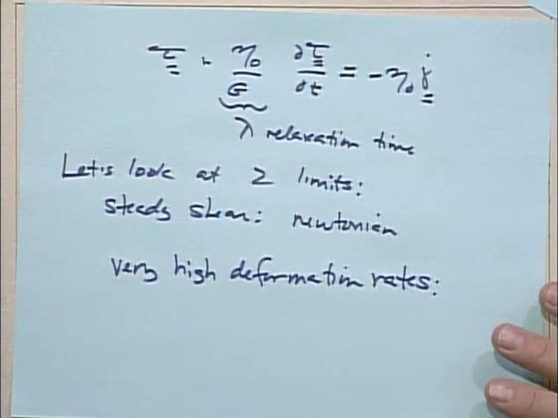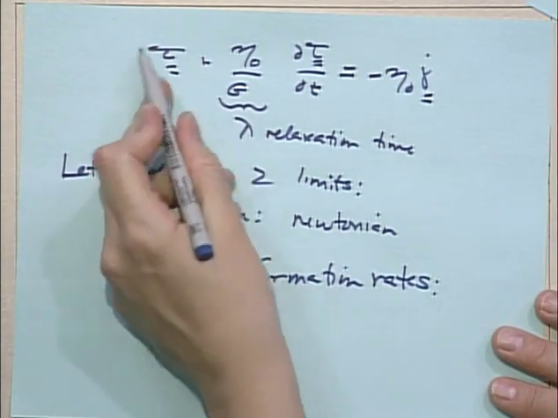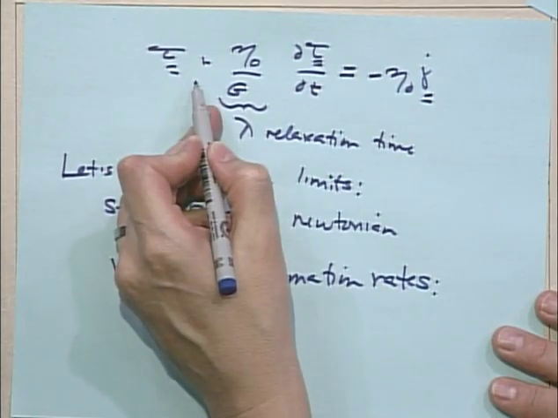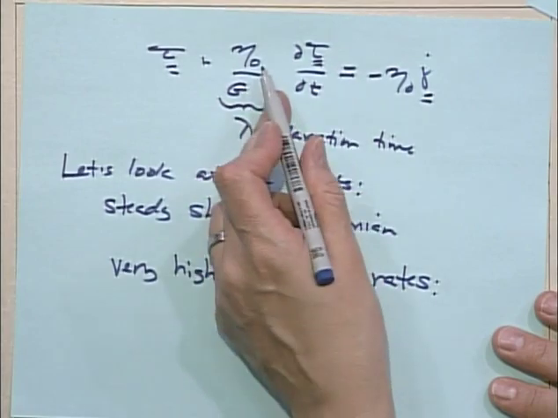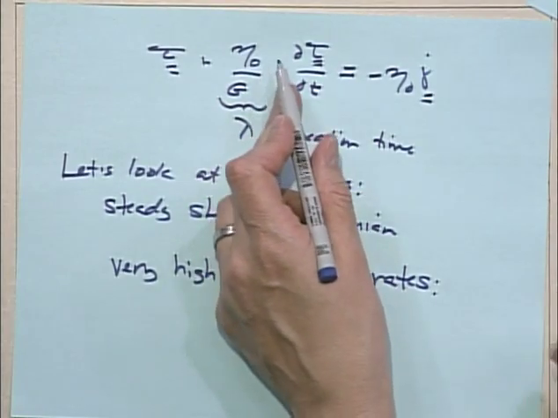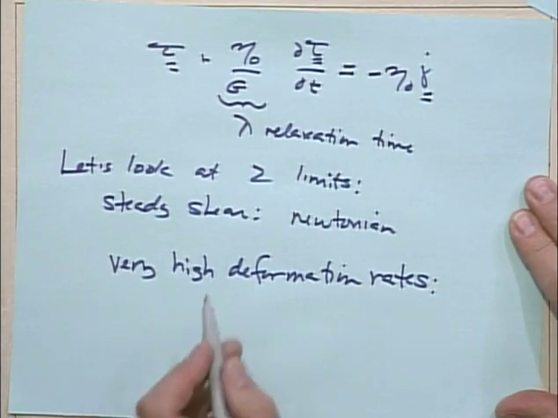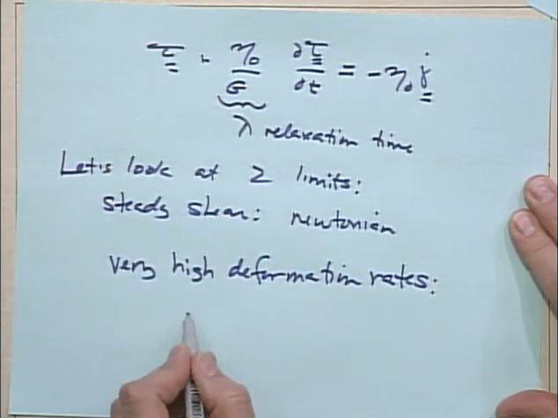Now, at very high deformation rates, the magnitude of the stress is not as important as how fast the stress is changing. This term is really, really big. So when this term is really big, we can neglect the tau term.